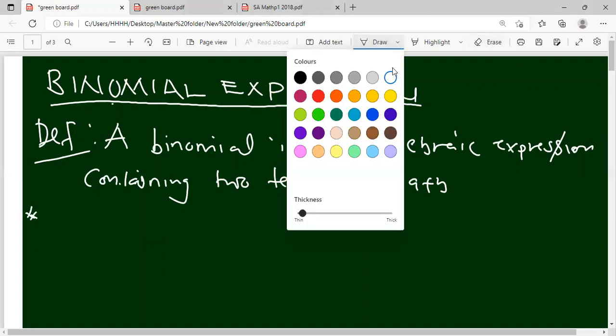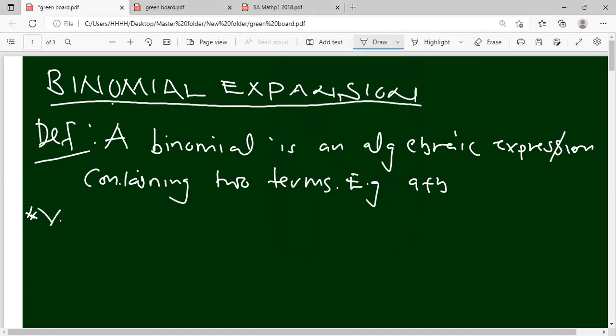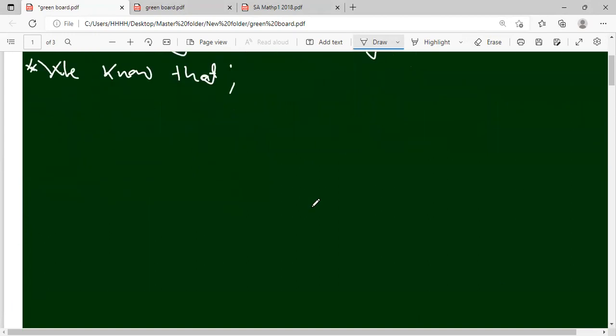Okay, so now we know, all of us, or we agree that if we have a plus b to the power 0, this is equal to 1.